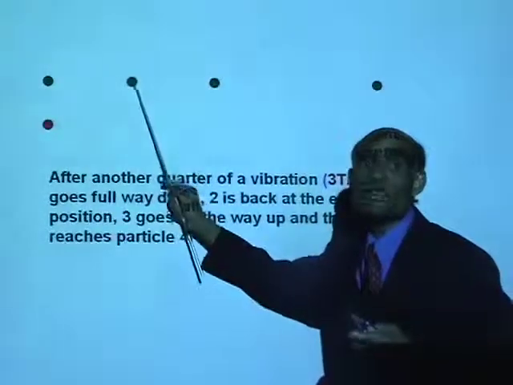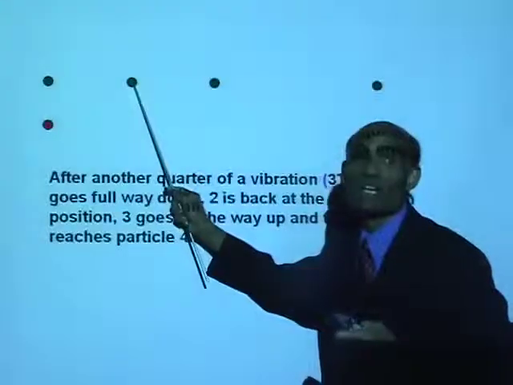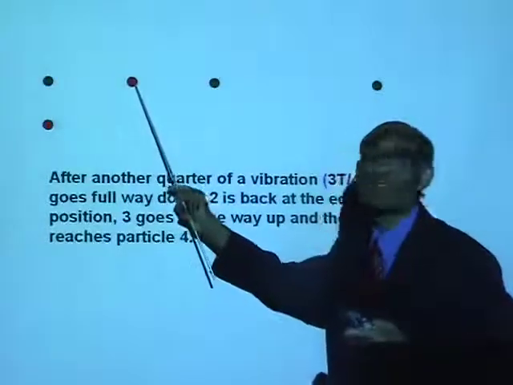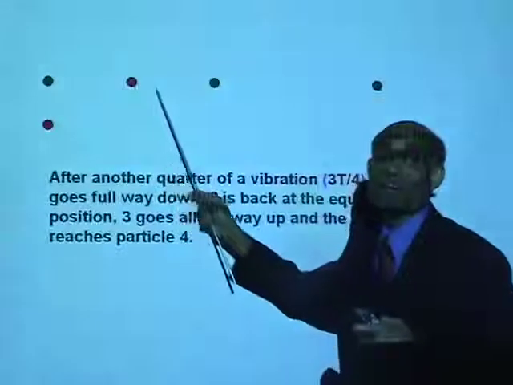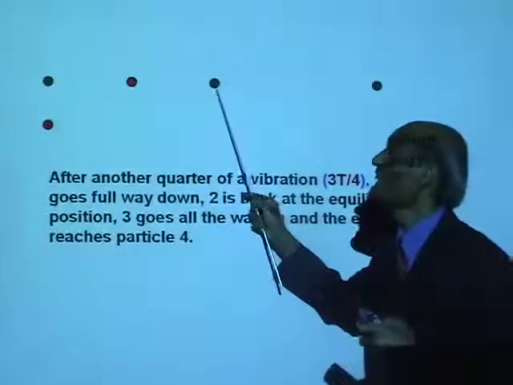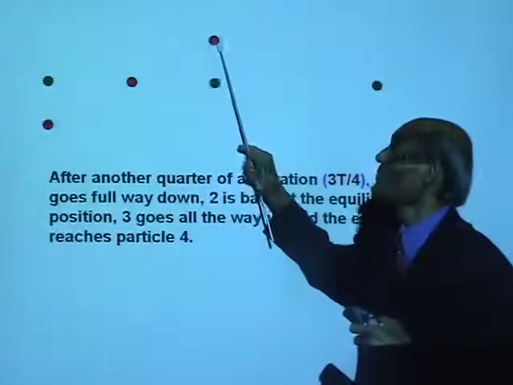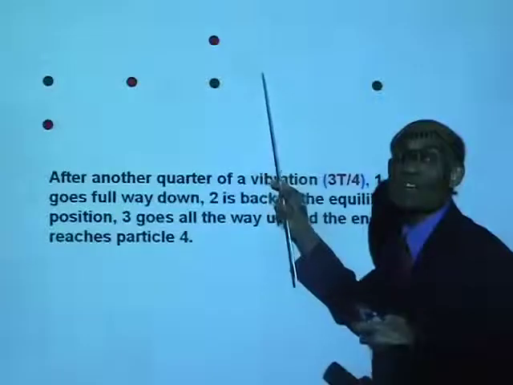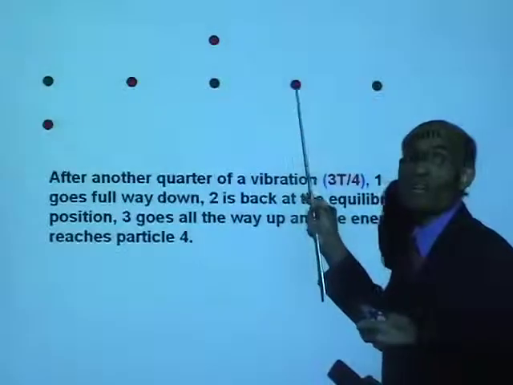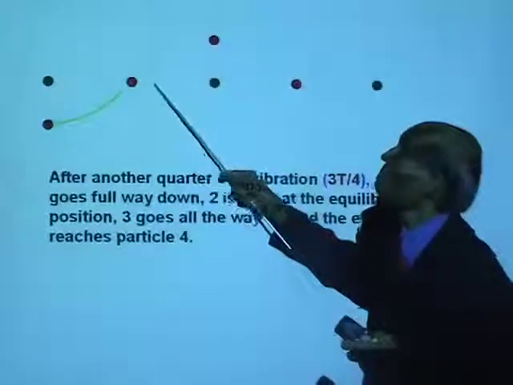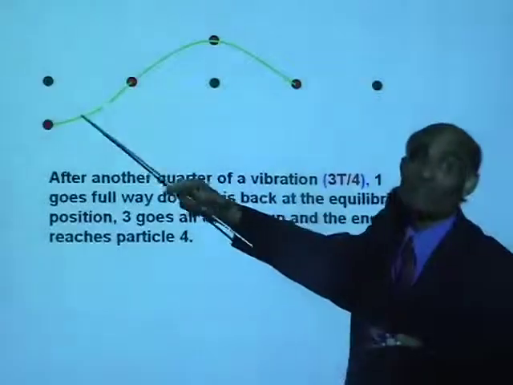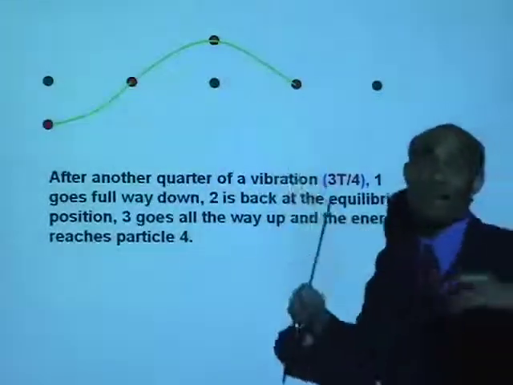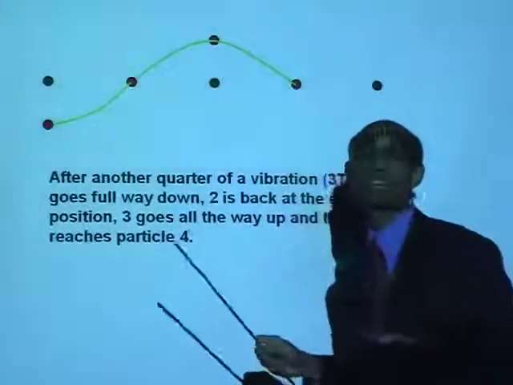It has completed half a vibration. It is at the equilibrium position. There you are. Now where is the third particle? It has completed a quarter of a vibration there. And the energy reaches the fourth particle here. And look at the profile now. Isn't that beautiful how the wave profile takes shape?